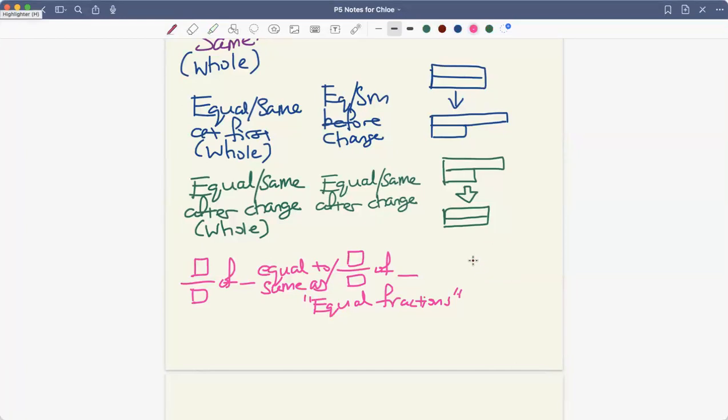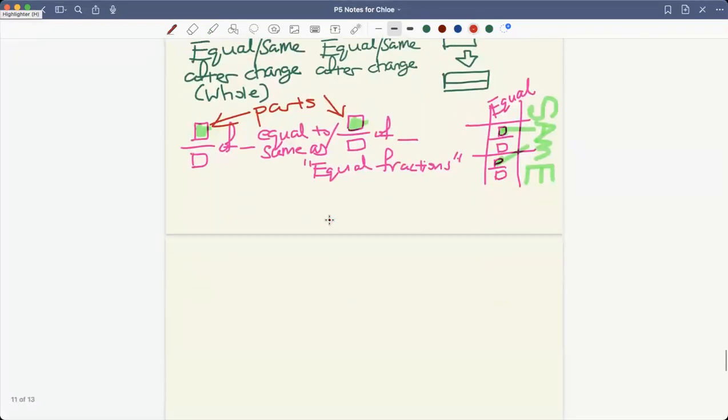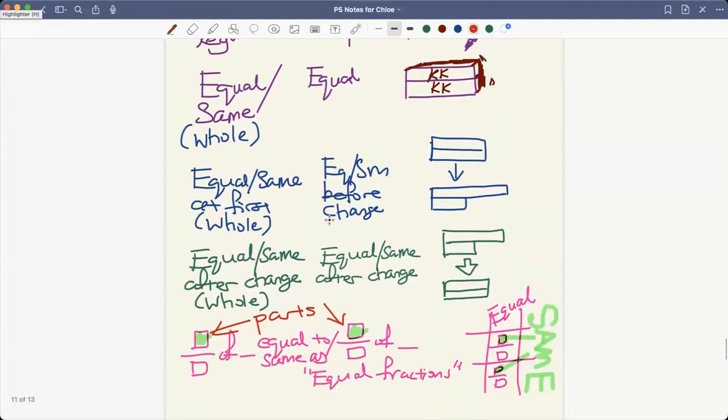Let me make it big enough. And this one is actually parts, and the rest is whole.